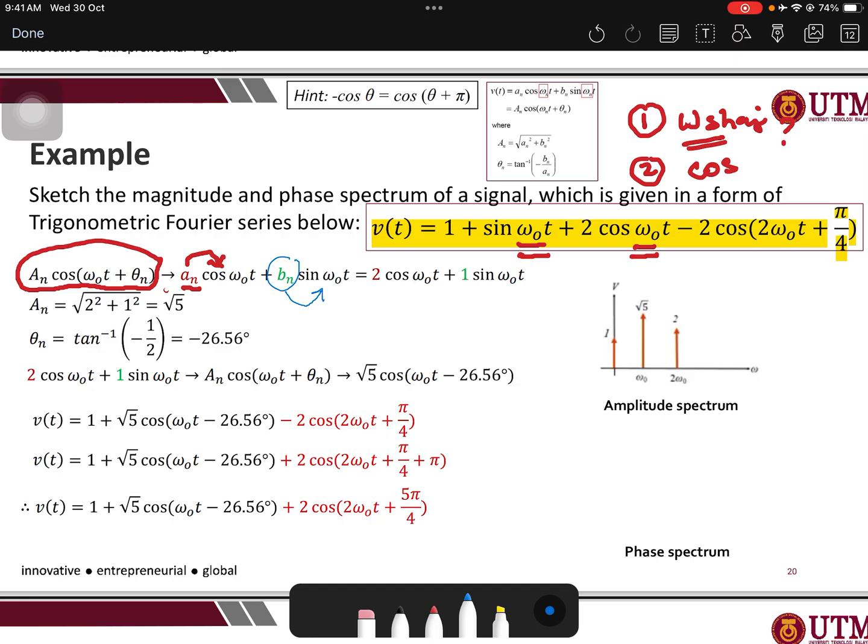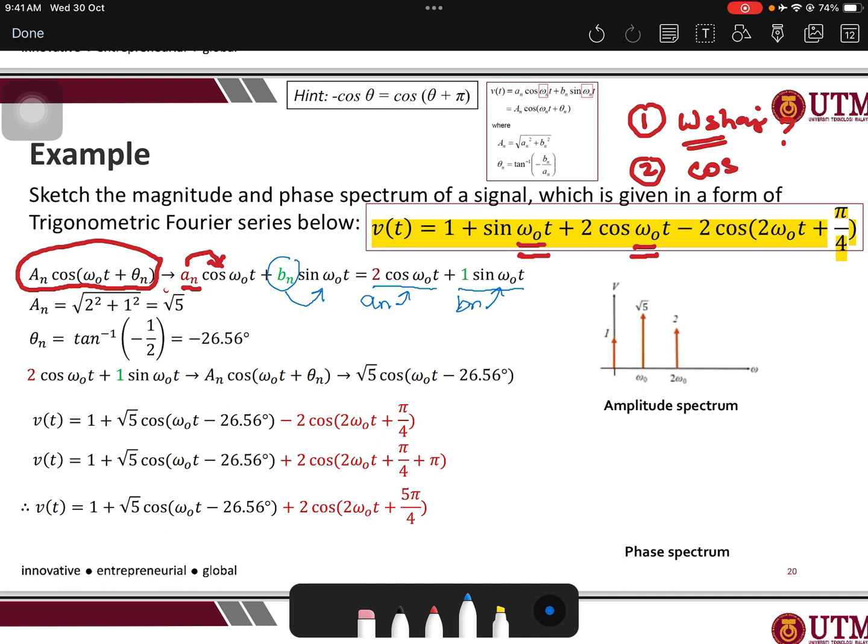So you can rearrange sine omega naught t plus 2 cos omega naught t to become 2 cos omega naught t plus 1 sine omega naught t, because you have to make sure an belongs to the cos and bn belongs to the sine.